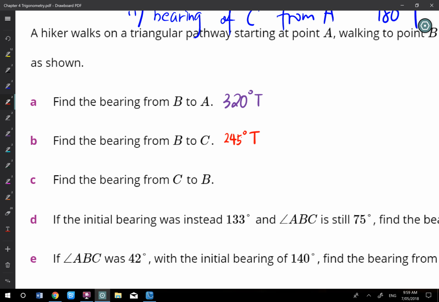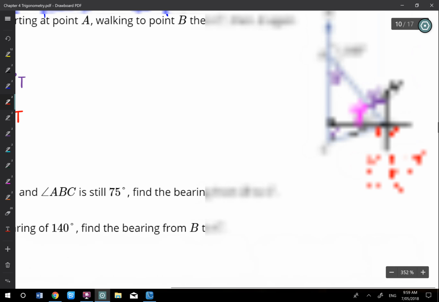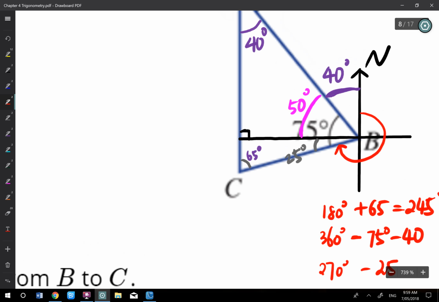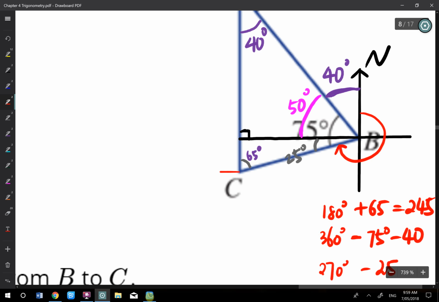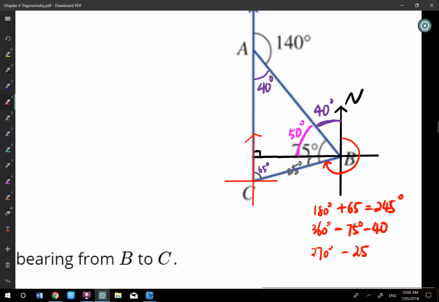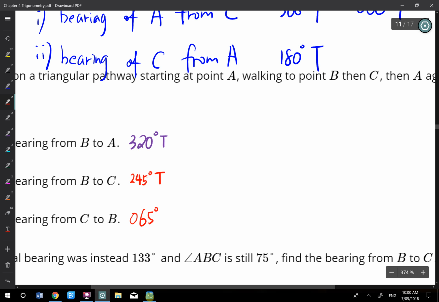Okay, last one is the bearing from C to B. Can you tell me immediately what's the bearing from C to B? 065 degrees, true.